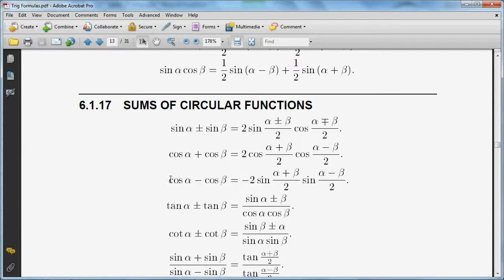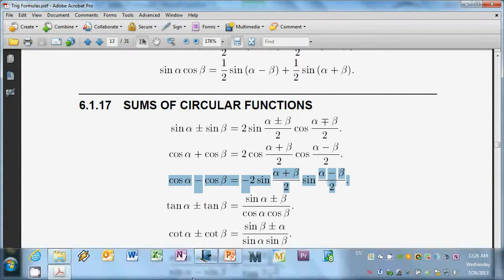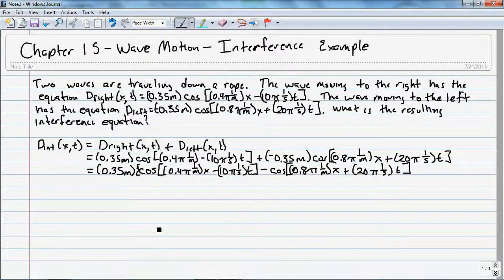Well, if we look at the trigonometric reference, you'll see the identity right here. And so I'm going to rewrite that on my slide here, and I'm going to rename the variables a little bit.